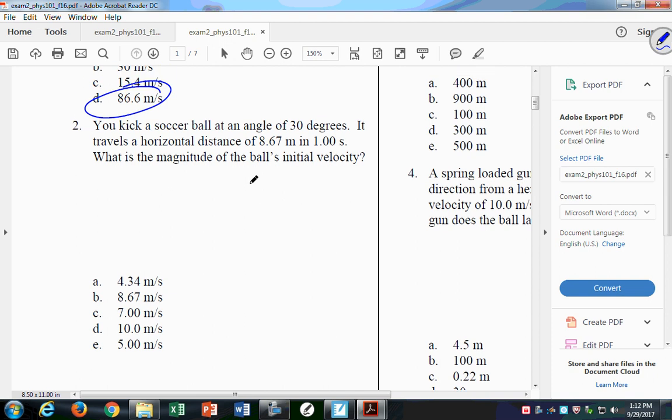All right. Well, this one's a little bit different too. You kick a soccer ball at an angle of 30 degrees. It travels a horizontal distance of 8.67 meters in 1 second. What is the magnitude of the ball's initial velocity? And you might not know right off how to work that problem. So you draw a picture.